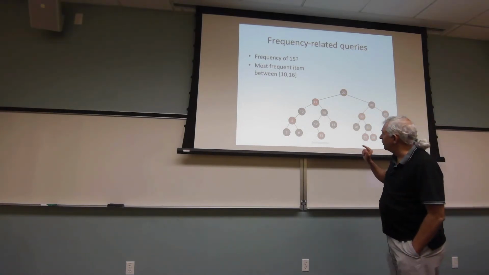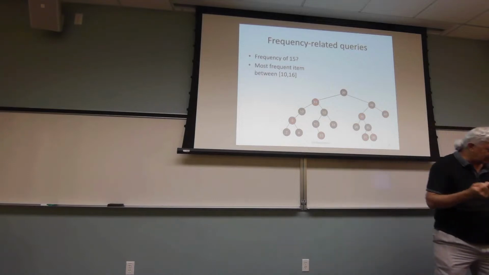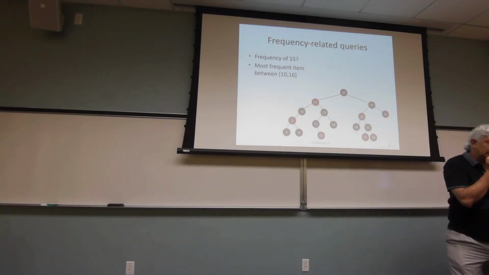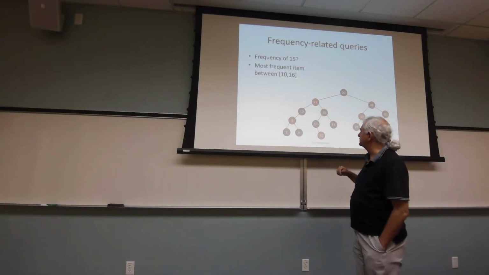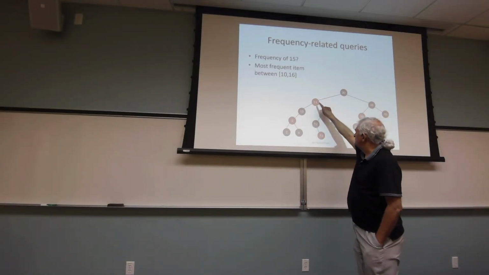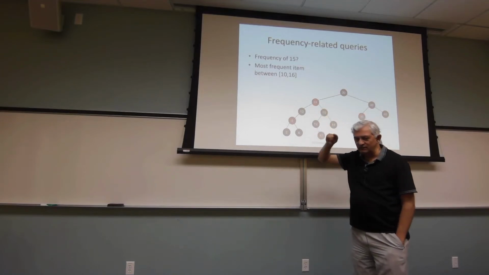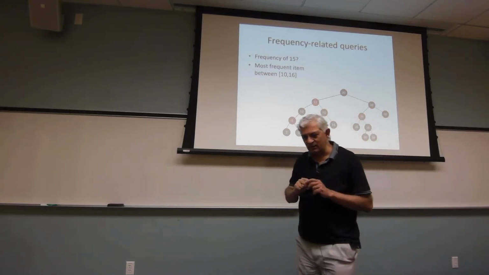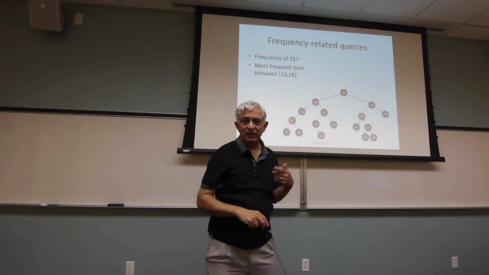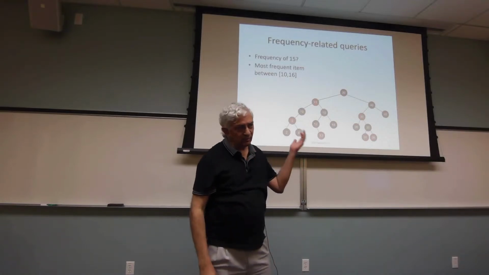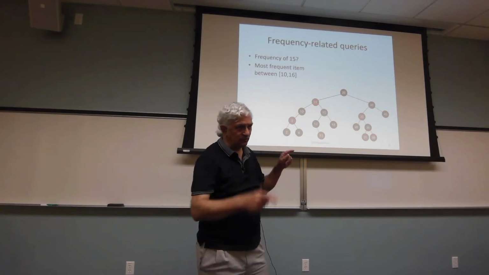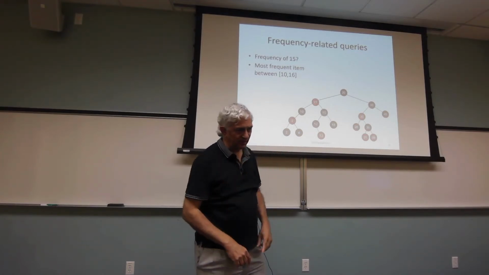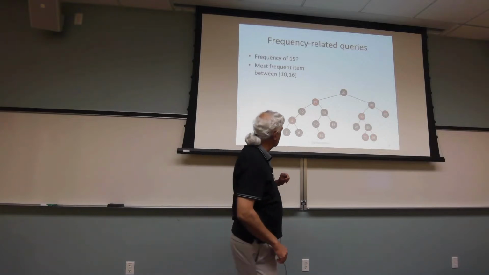Now, if we have that extra information, then we could figure this out. This is similar to the other work that we did with rank and select, and you have to essentially do a traversal that's very similar to it.